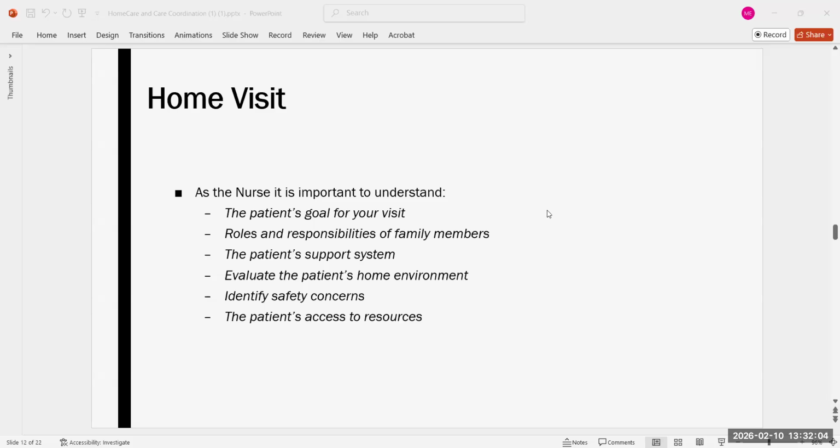And that could be for their ADLs, food, basic needs, mobility devices for them to be safe within the home, transportation to get them to their appointments, and even home utilities to ensure that they have proper heat, water, and electricity, and Wi-Fi if needed for telehealth follow-ups.